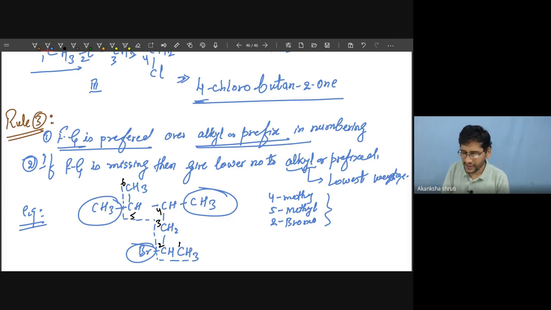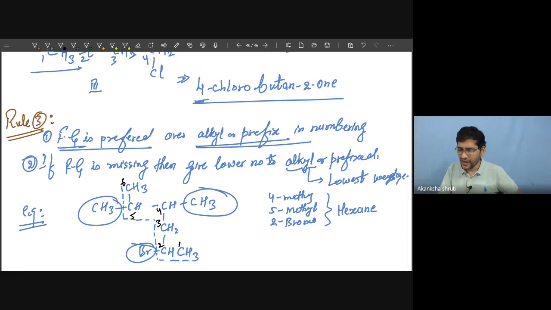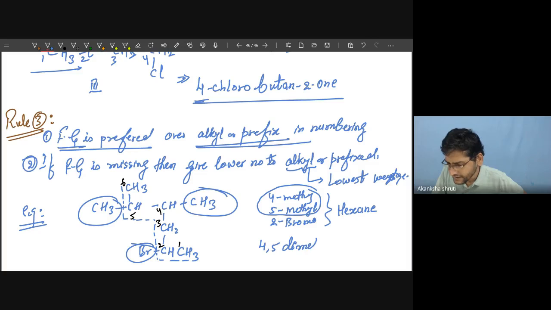So these things should be in prefix, then considering the 6 carbon, hexane. It should be like this one. So how to arrange this? Student, here we are getting the methyl is 2 in number. So these two can be written together. So 4 and 5 is written in comma form. Then 2 methyl is written as dimethyl.